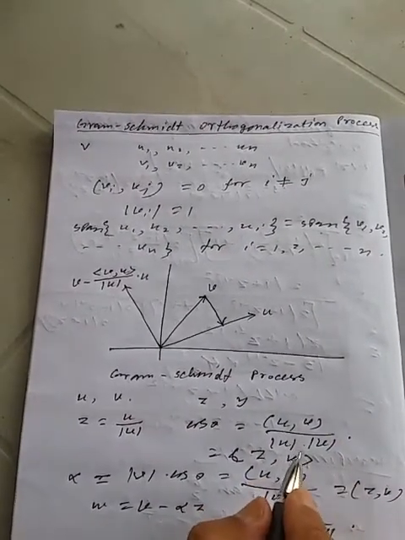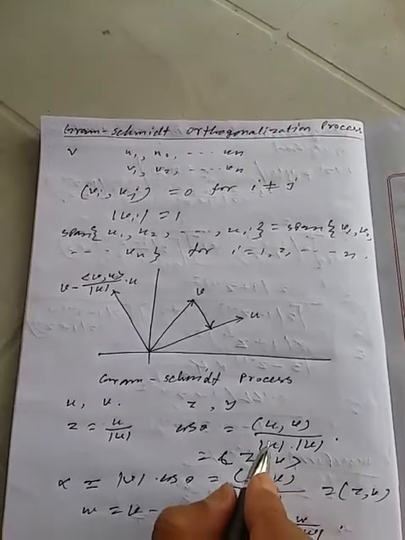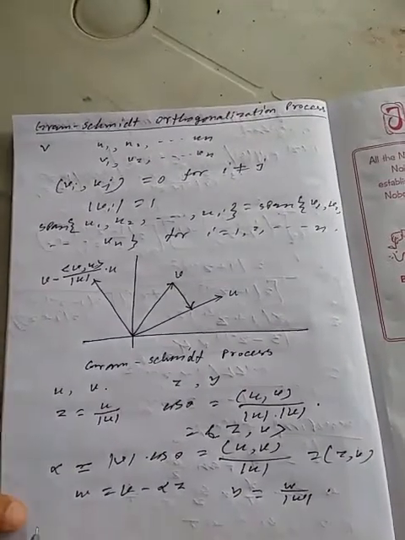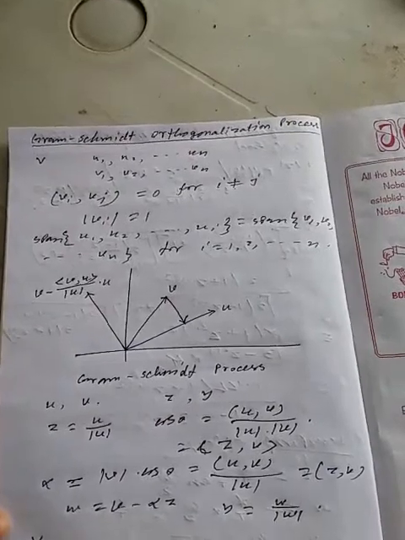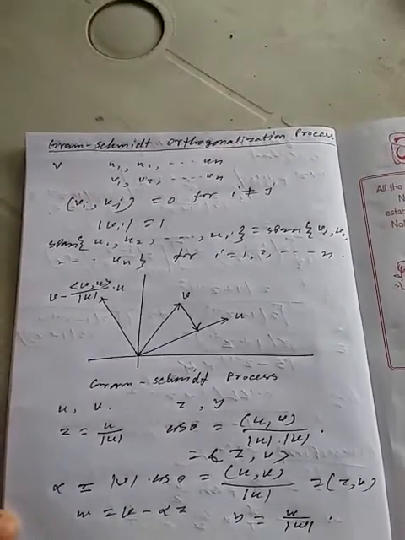Now what is this Gram-Schmidt orthogonalization process? It is mainly explained by taking a vector space V, capital V, an inner product space.